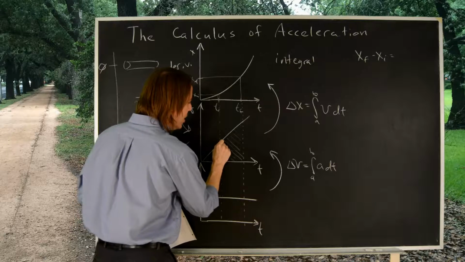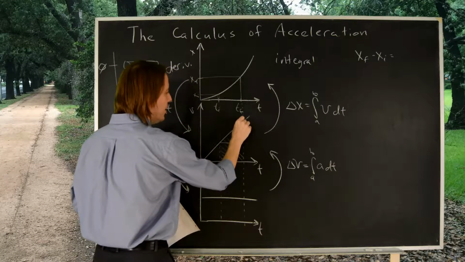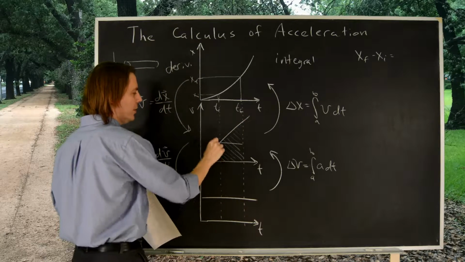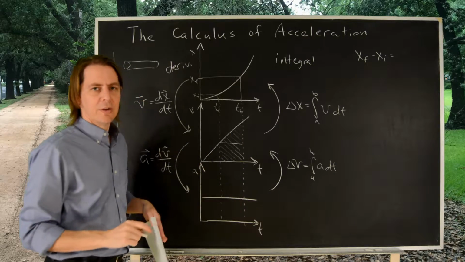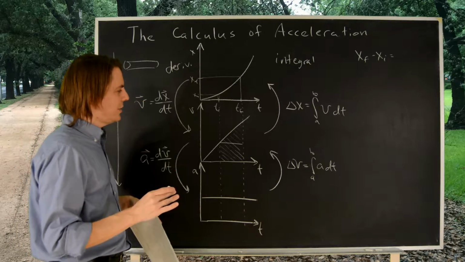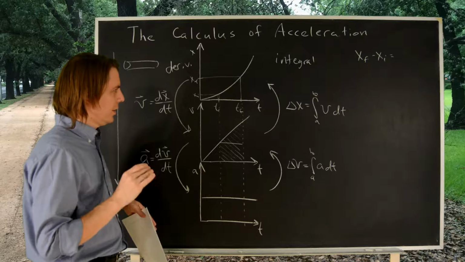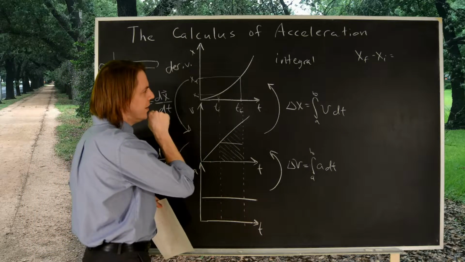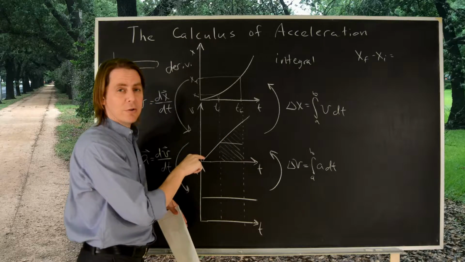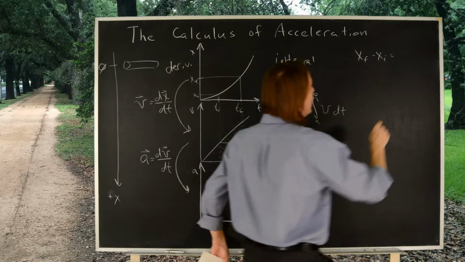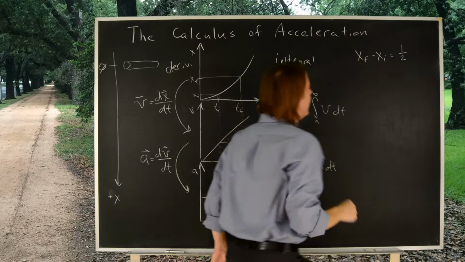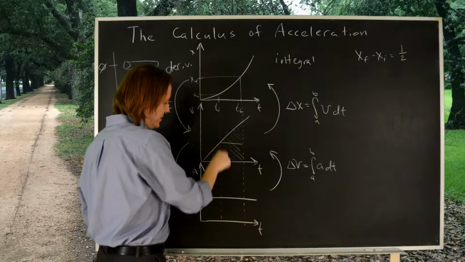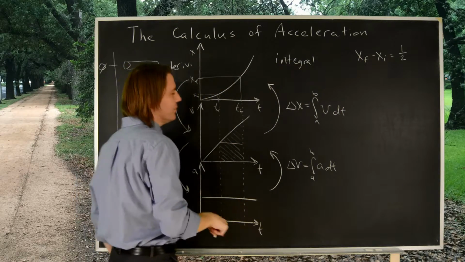If you draw a line right here, though, now you're just looking at the area of a right triangle and a rectangle. And since I had geometry in 1984, I think I can still remember how to do that. So let's calculate the area of each of these. The area of the triangle is 1/2 base times height. The base is just the delta t, tf minus ti.